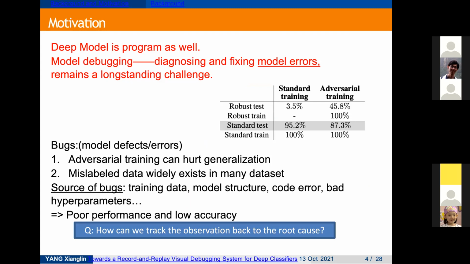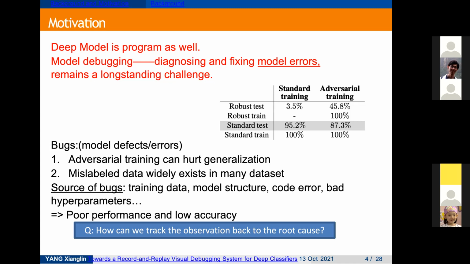Here I list out some model defects or errors. Different from some traditional bugs, which could probably cause a system crash so that you would know there are bugs, model defects can sometimes be silent, but still bring undesirable results.